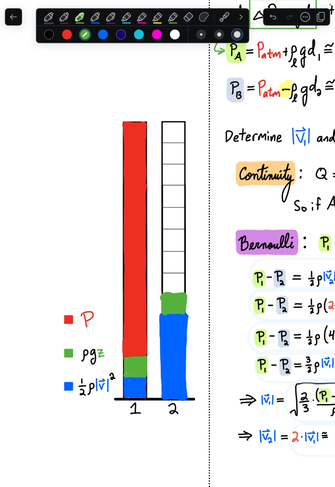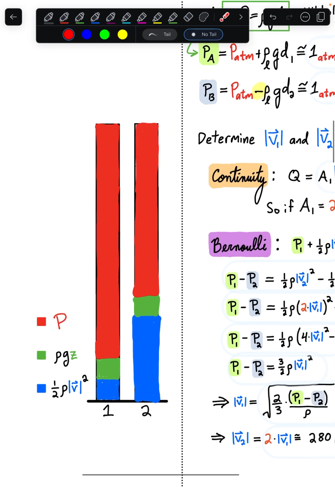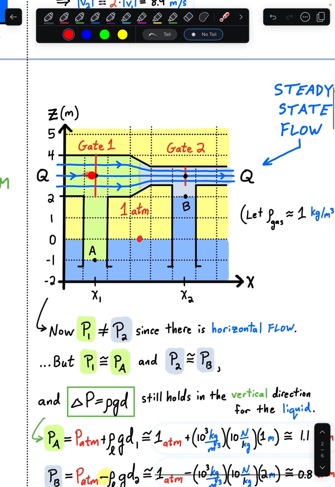So those 3 units of kinetic energy density that we gained must have come from 3 units of pressure that we lost. So this red here is the 11 units of pressure at point 1, the high pressure point, and then these are the 8 units of pressure at point 2, the low pressure point, according to our Bernoulli effect here.